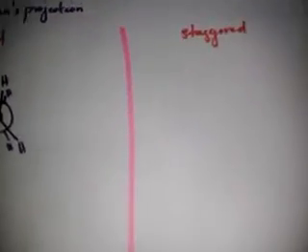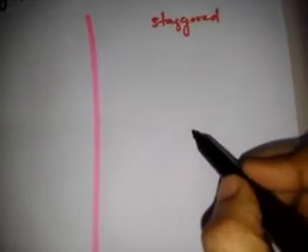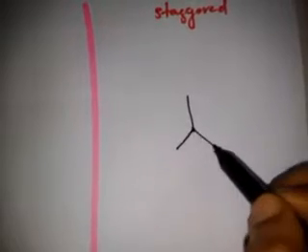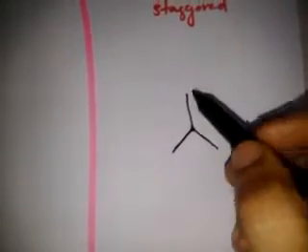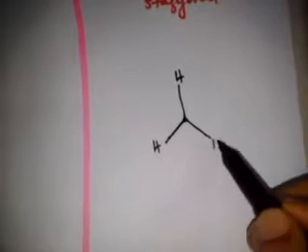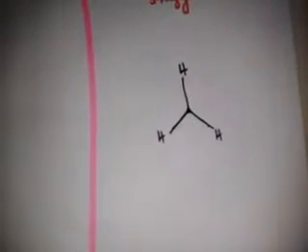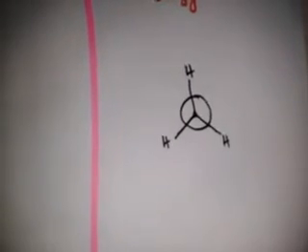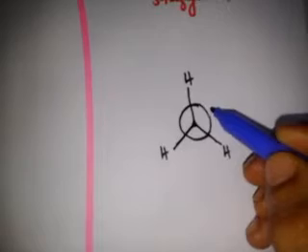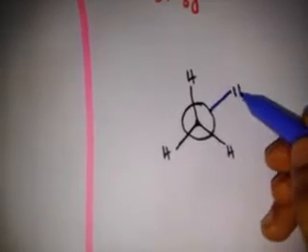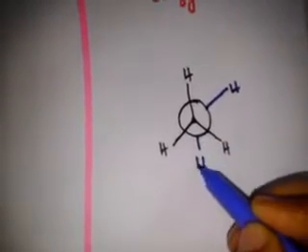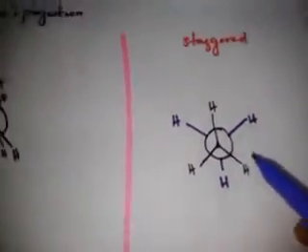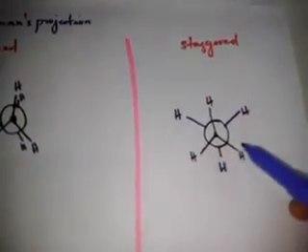Now the staggered conformation. First the front carbon is represented by a point, with the 3 hydrogens attached to the front carbon. Now the rear carbon is represented by a circle. In staggered conformation the hydrogens are arranged as far apart as possible, so I draw it like this. This is the staggered conformation in Newman's projection.